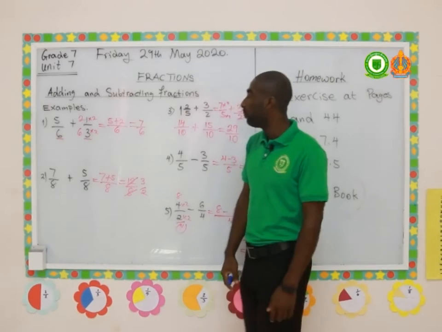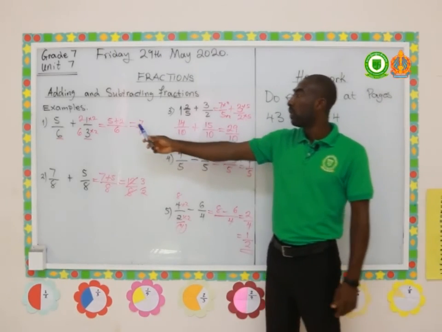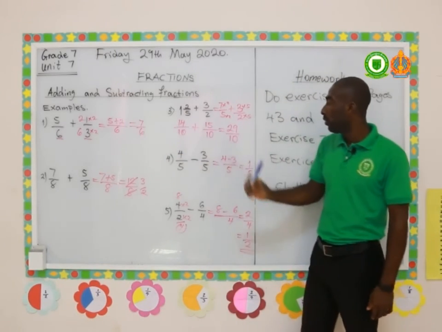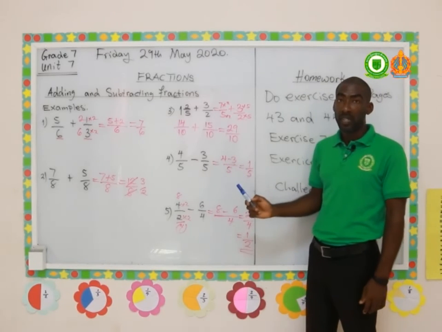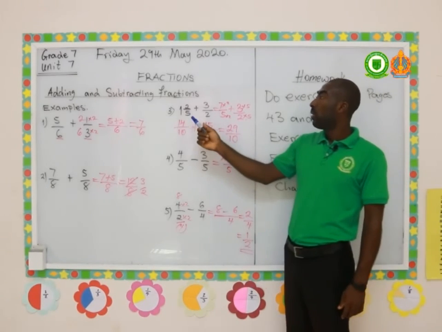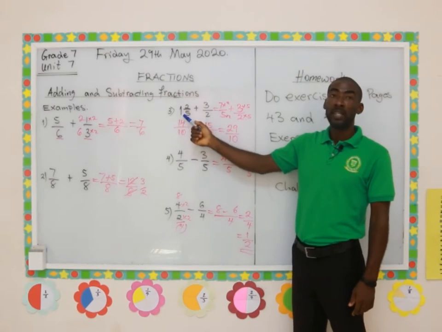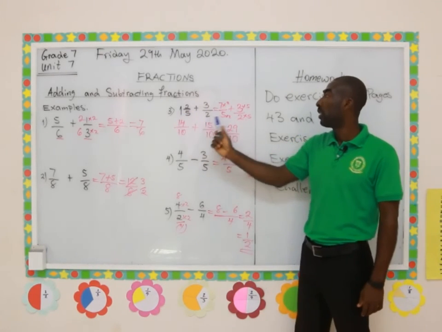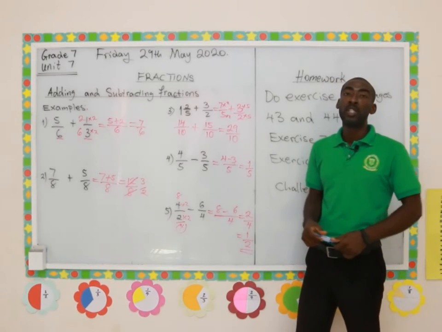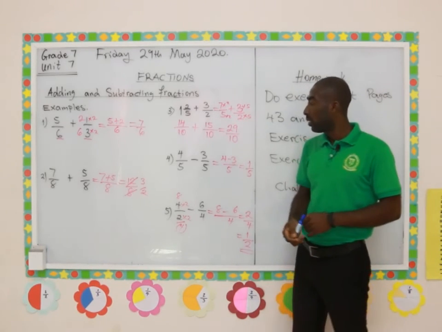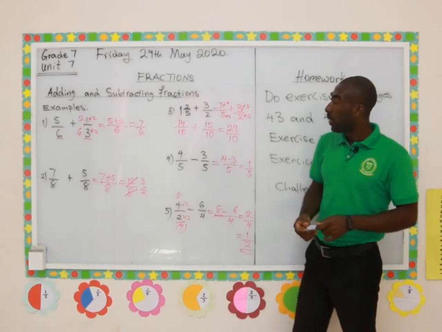Then you can do your addition or subtraction. Again, when you have a mixed number, you need to change it into a proper or improper fraction, and then you can do your addition or subtraction.